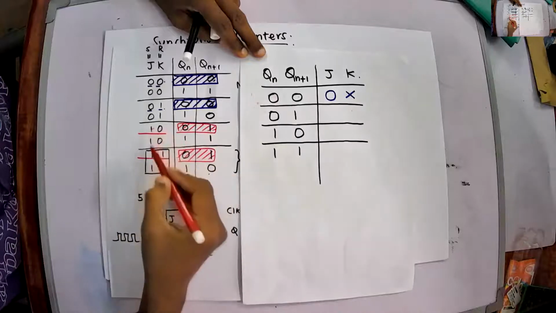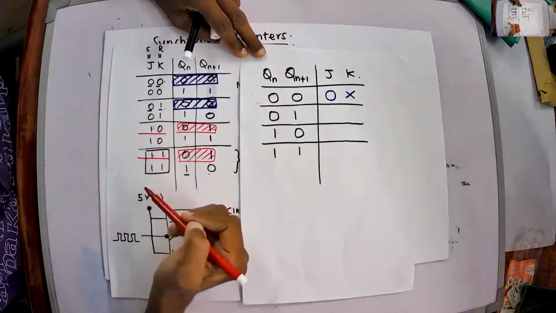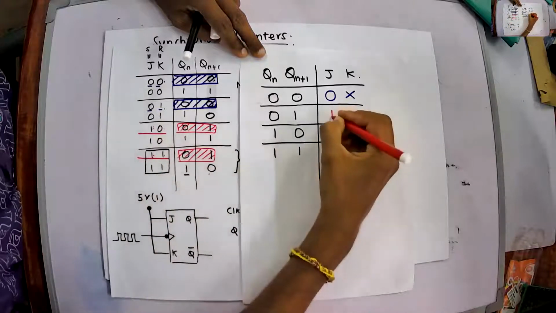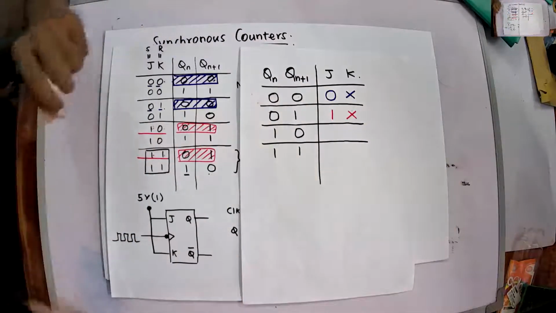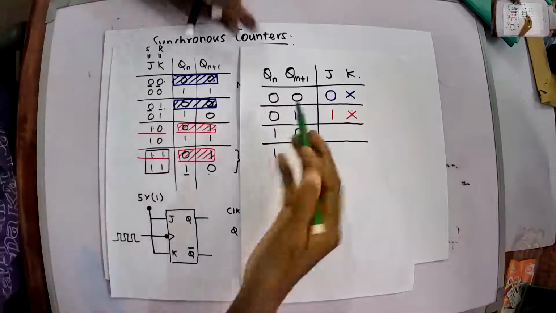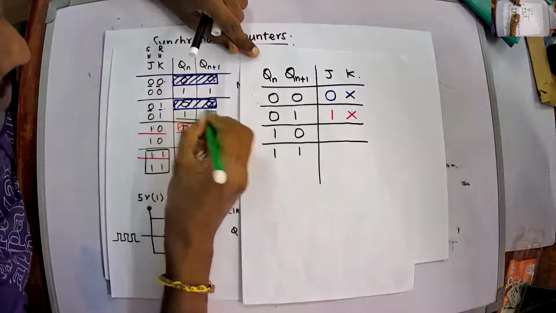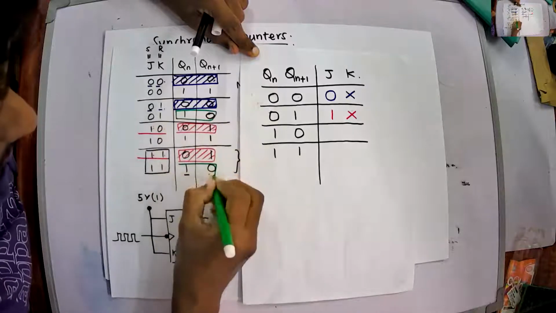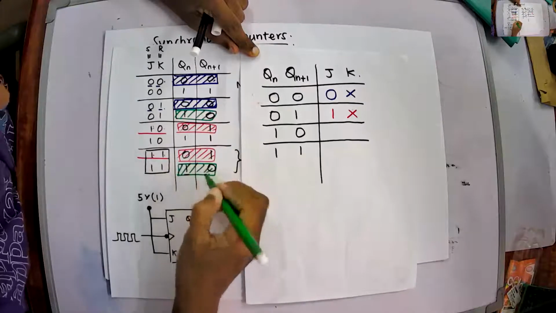J must be 1, and K could be either 0 or 1. So I can say it is 1, don't care. Clear? 1 and don't care. Now go to the next one, 1 to 0. Here it is 1, 0, and then here I am having 1, 0.